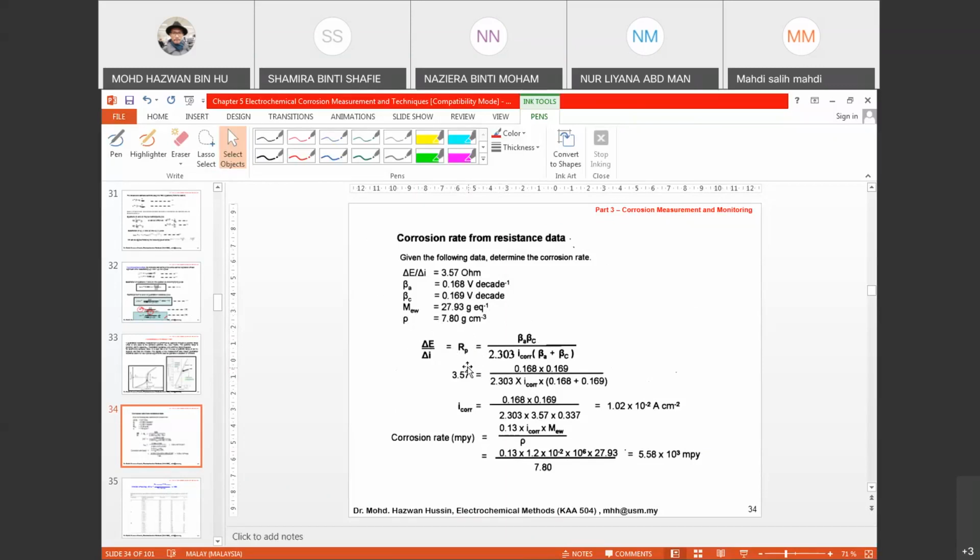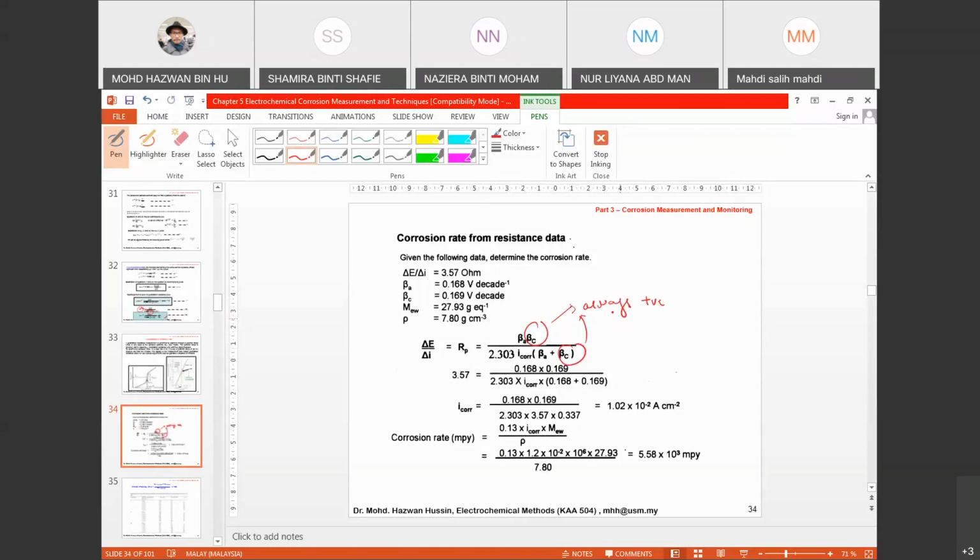RP is already known, 3.57, so you just multiply with the beta values. One thing you need to remember here is that we do not address beta C as negative. It will always be positive if you want to use this formula.